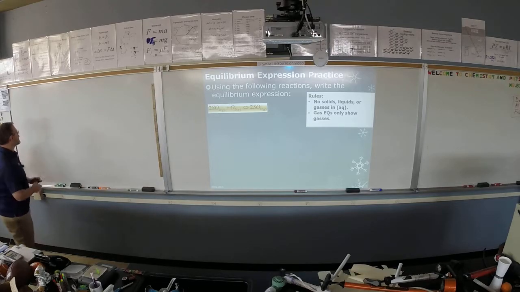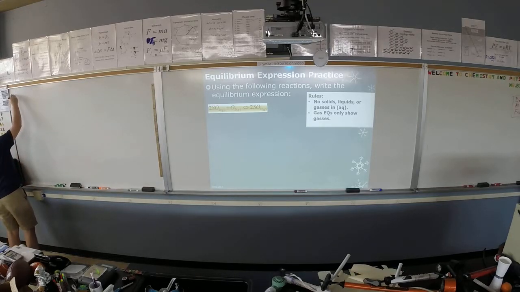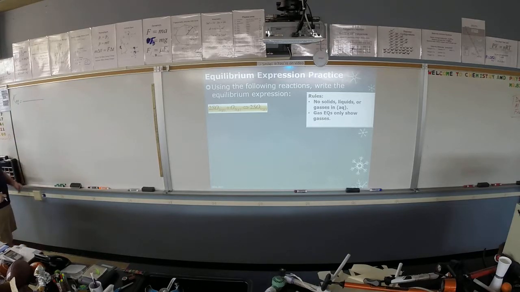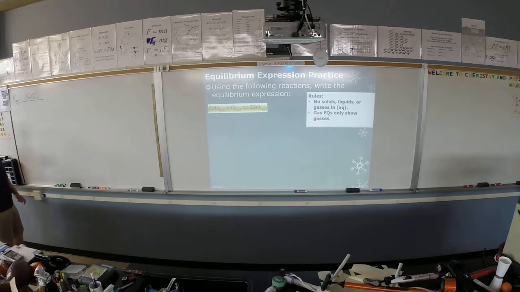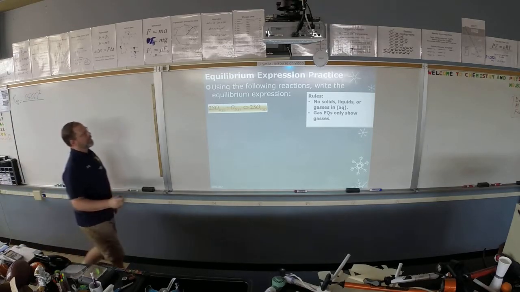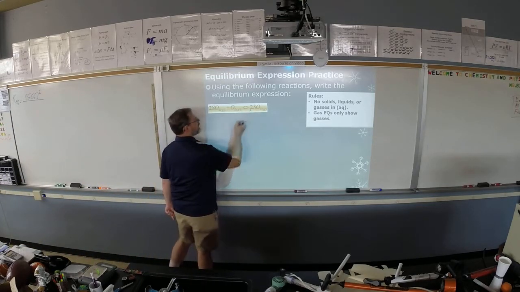So we're going to write our equilibrium expression, and this is going to be products over reactants. What should we write for the product? What's our product? SO3. SO3, and we're going to raise it to the second power, exactly. Why do you raise it to the second power, Mr. Powers? Because there's a coefficient right here.